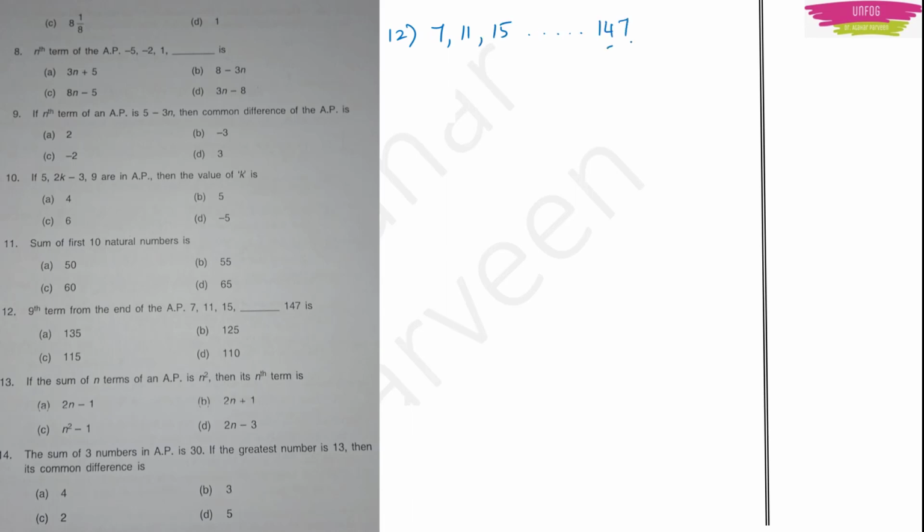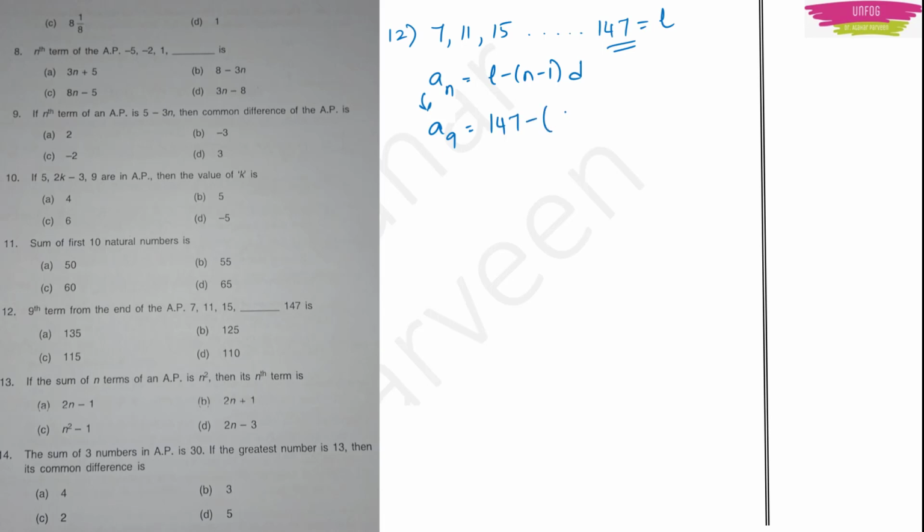And 147 is the end term. Okay, remember that formula we used for an with the end term? They are telling us to find the nth term, means ninth term here, right? So an, we have this formula, L minus n minus 1 into D, or A9 you have to find, right? And what is L? L will be 147, the end term.